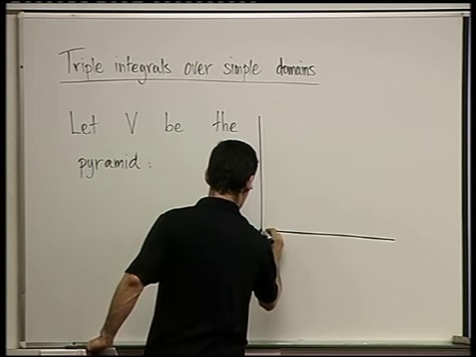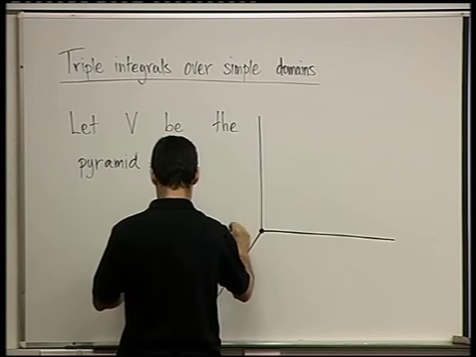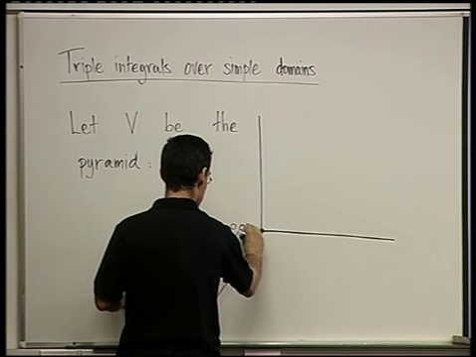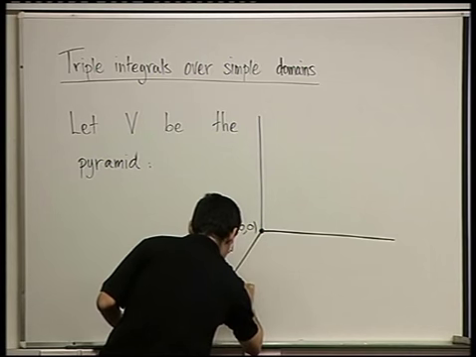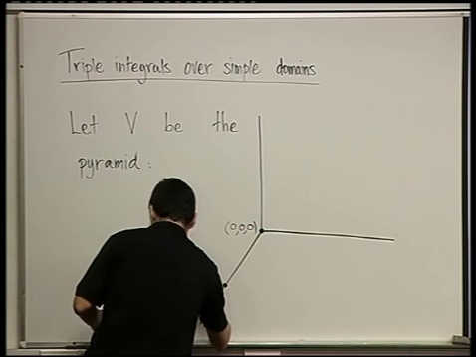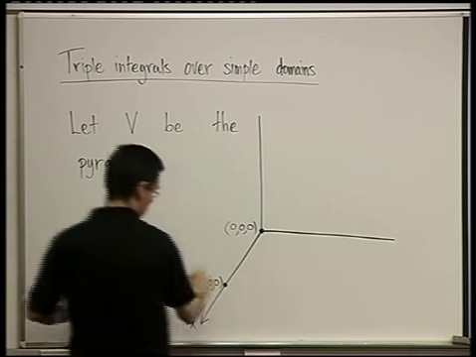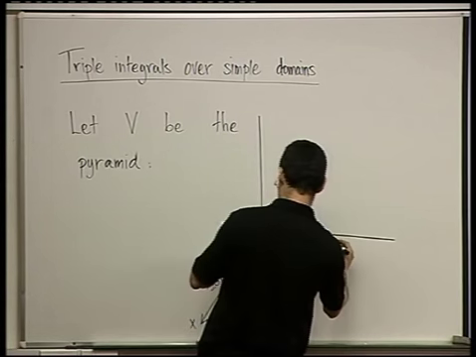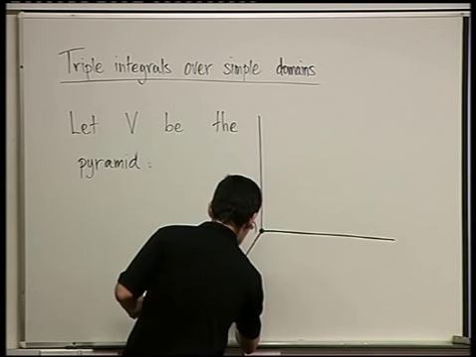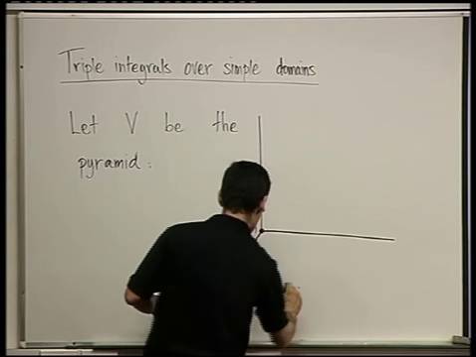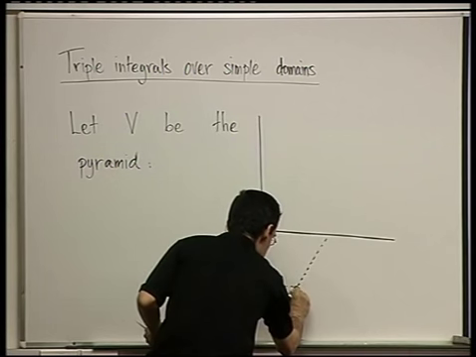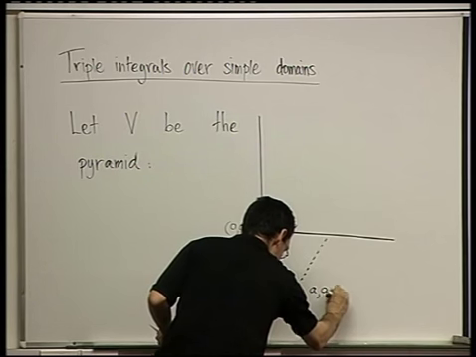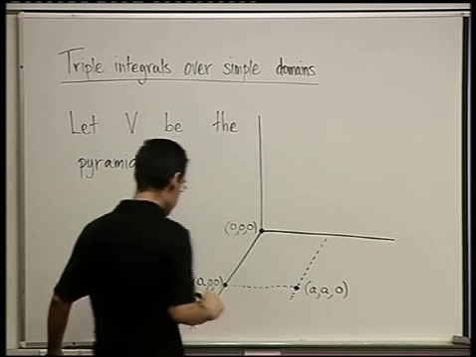Okay, so we have 4 points here. This is the point 0, 0, 0. Over here on the x-axis, there's some point which I'm going to call A, 0, 0. So there's some parameter A here. Over here is going to be the point A, A, 0.